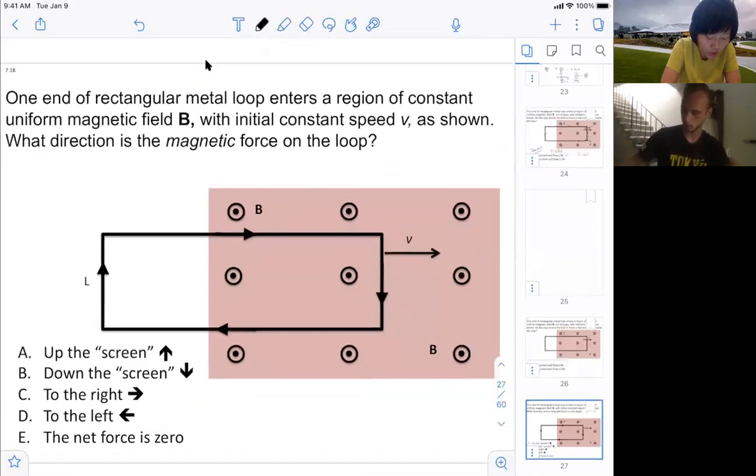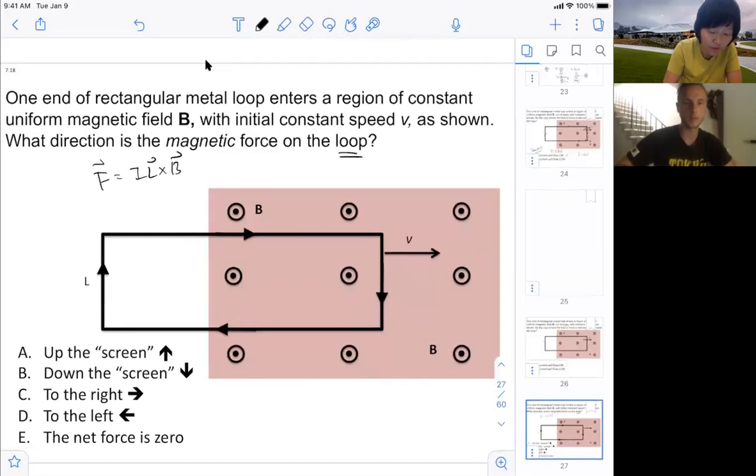All right, same question. In terms of talking about violating conservation of energy, I already mentioned the direction of the force, so the direction of force on the loop, not just on the leg. Let's go through this question together. So the current is clockwise. To figure out the force, it is IL cross B, right?